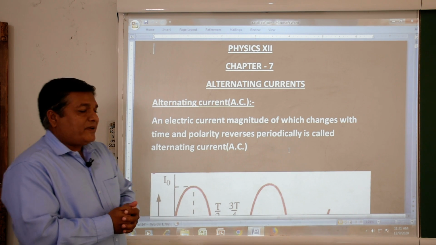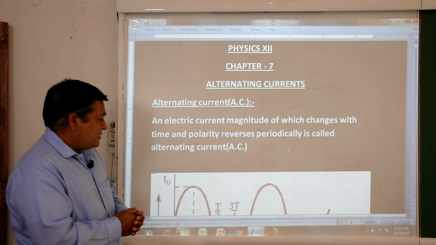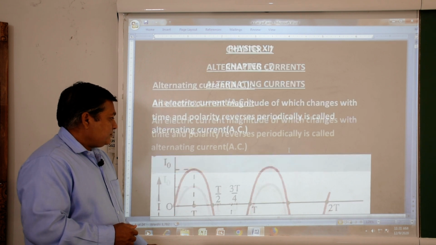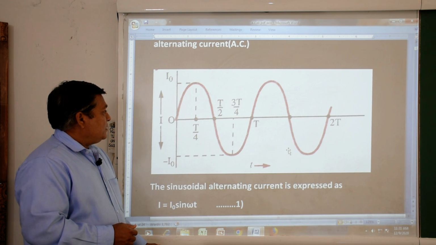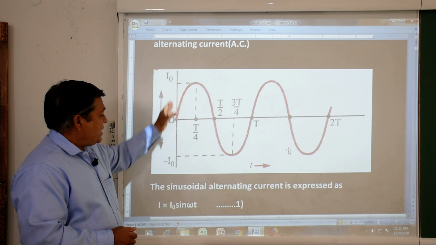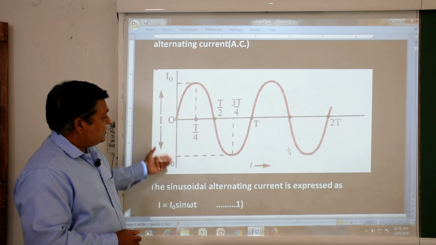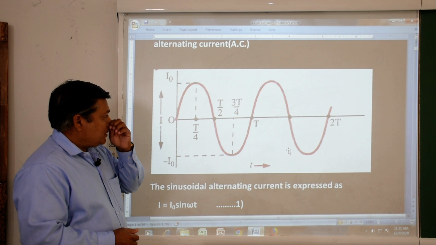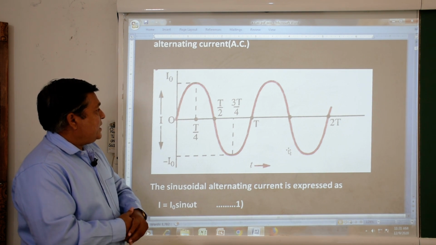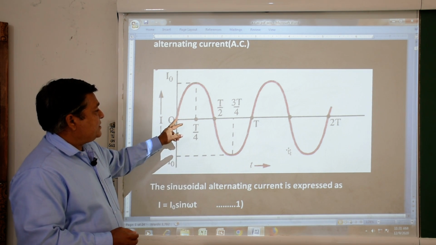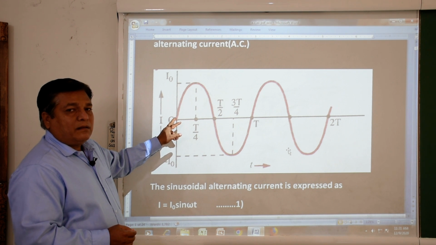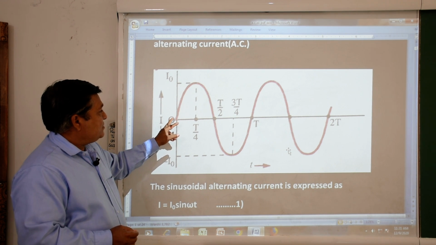Let us see the wave diagram for the alternating current. Here we can see I naught and minus I naught, in one direction and in the opposite direction. It begins with 0 value at time t is equal to 0.